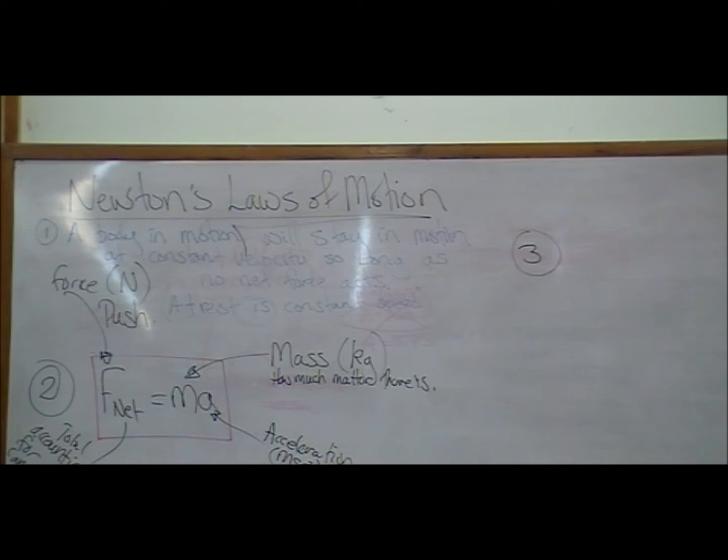Let's say this object's moving, and something stops it. Does that net force need to be bigger? It doesn't need to be bigger, it just has to be in the opposite direction. If something's moving and you want to stop it, you have to push it the other way. When you catch a ball, you push it the other way from what it's flying.